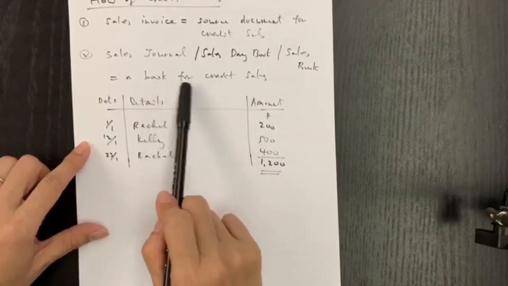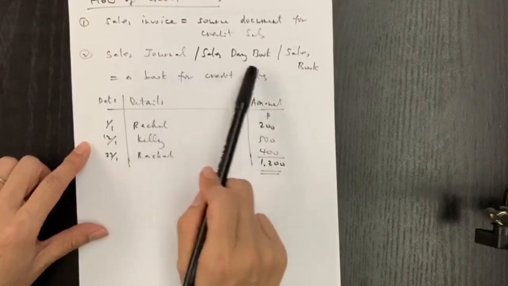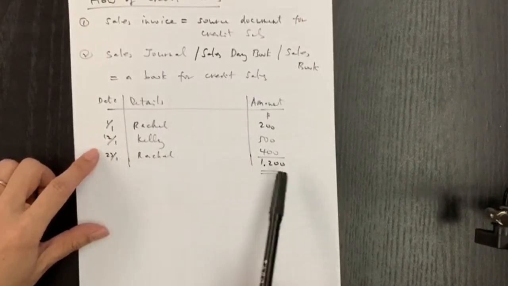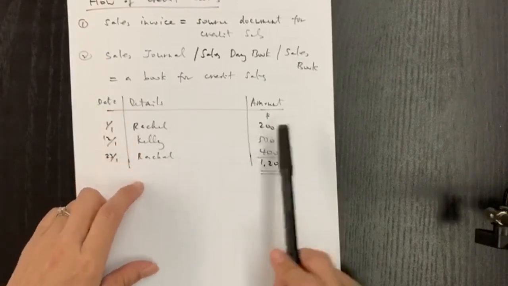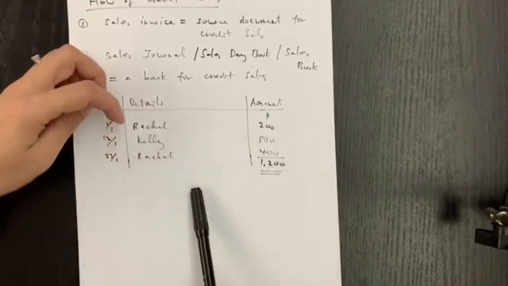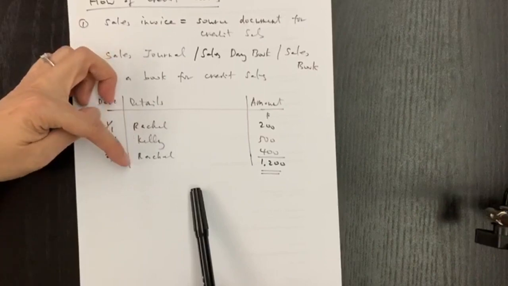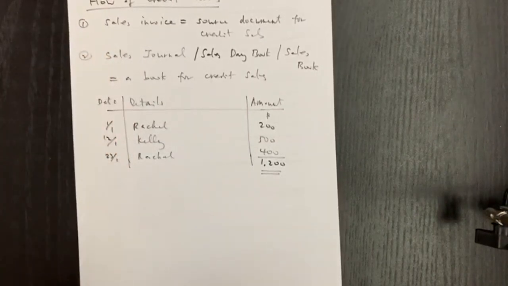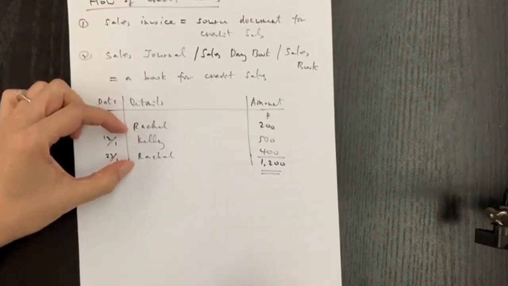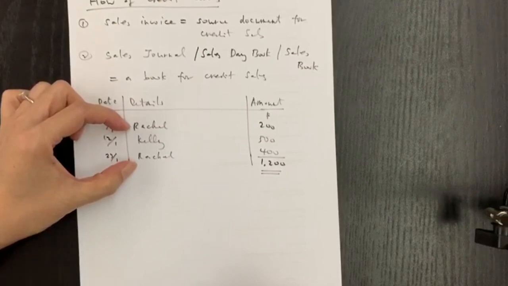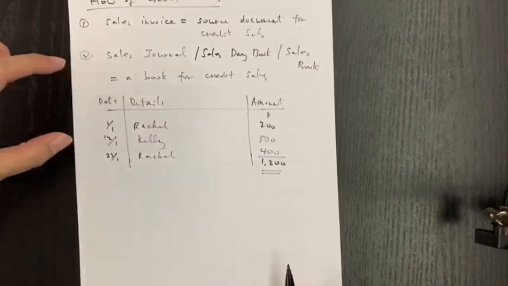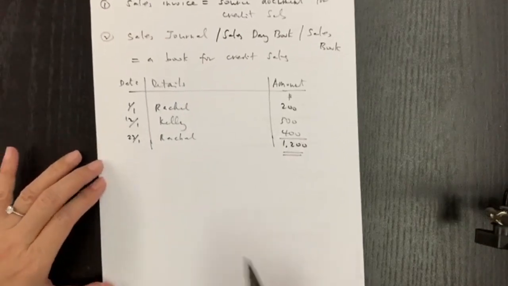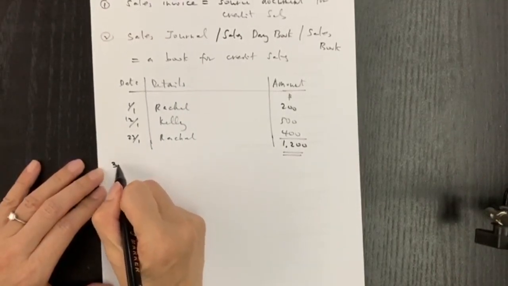In this book for credit sales, sales journal or sales day book, we have 3 columns: for the dates, the big column for details, and then the amount here. And then we have Rachel, Kelly, and Rachel again. Actually, who are they? They are customers, and they don't pay money to us yet. They are also debtors. Okay, so right after this sales journal or sales day book, now we come to double entry.